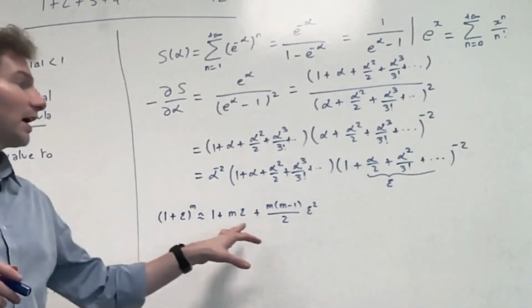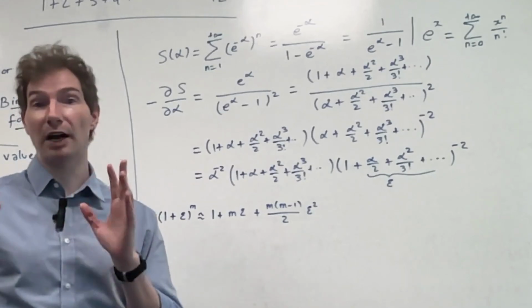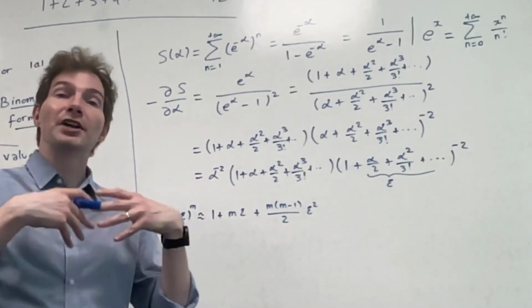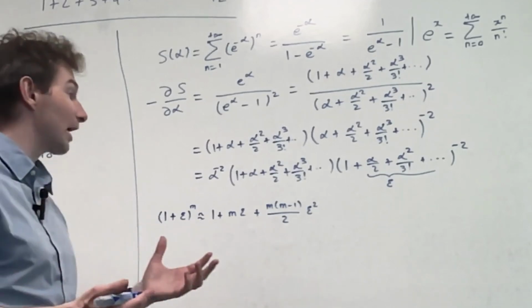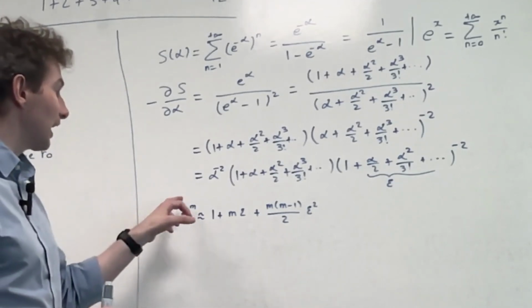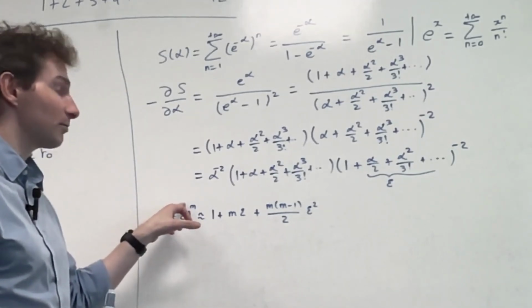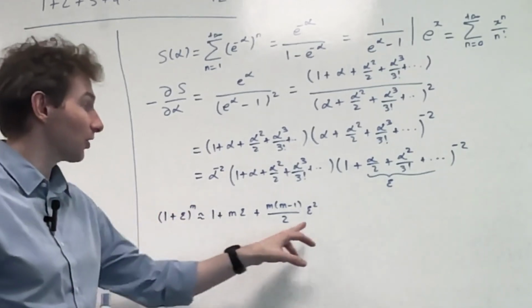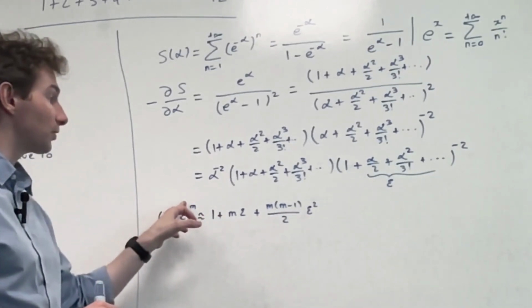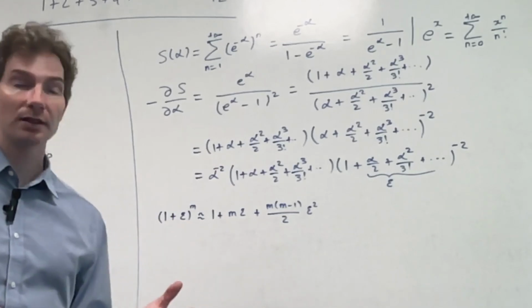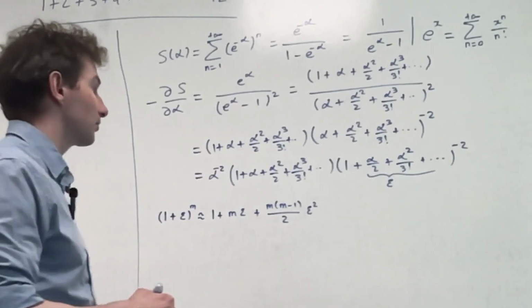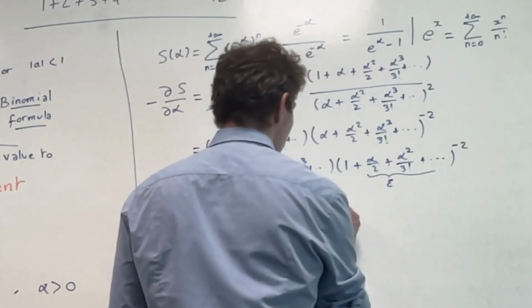So far this is a fair truncation of the binomial expression, but now I'm going to allow the value m, not the n, the m value, to be negative.